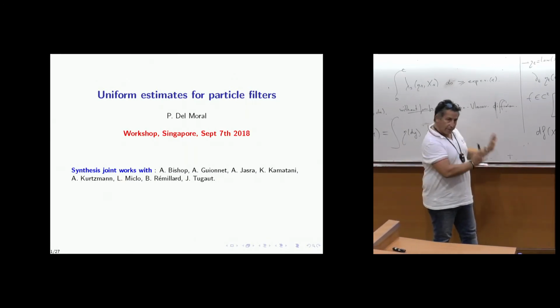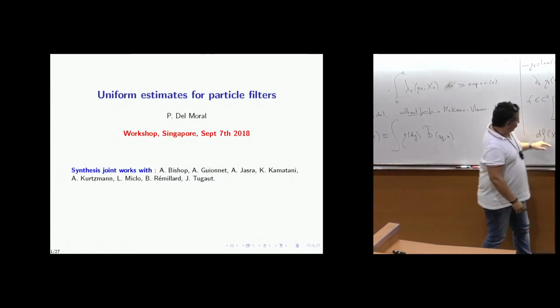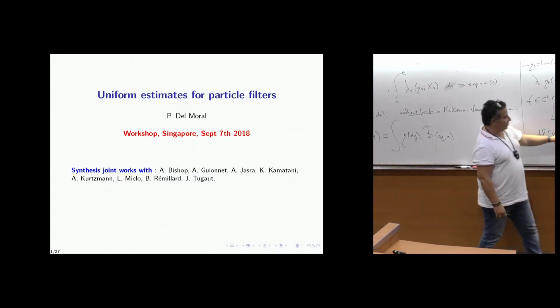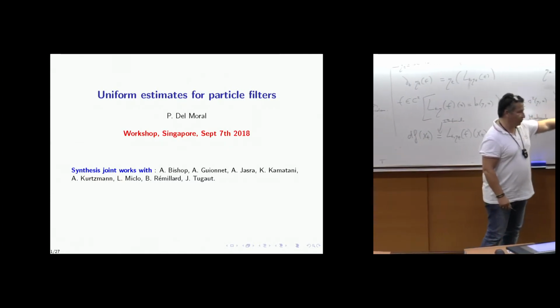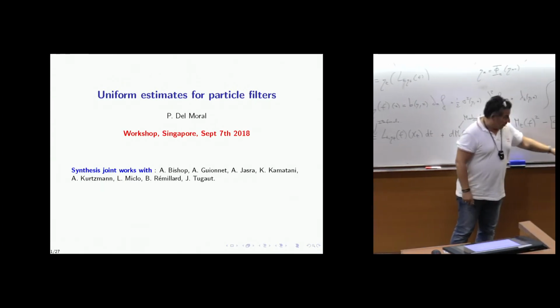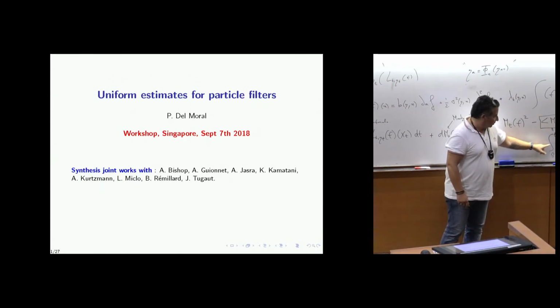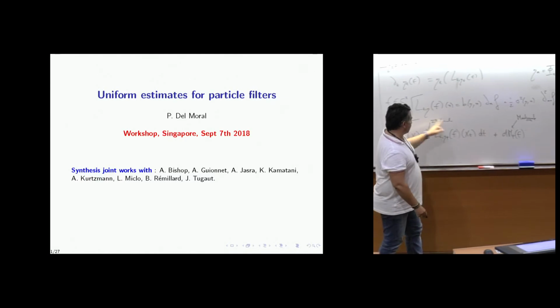Keep in mind this trick. If you have the generator, and you write for any function of the process, you will have a martingale, and you know how to measure the amplitude of the martingale around 0 by the carré du champ. If I can prove that this is epsilon something, that means that the martingale is very small, and the system is very close to this one, and so on.